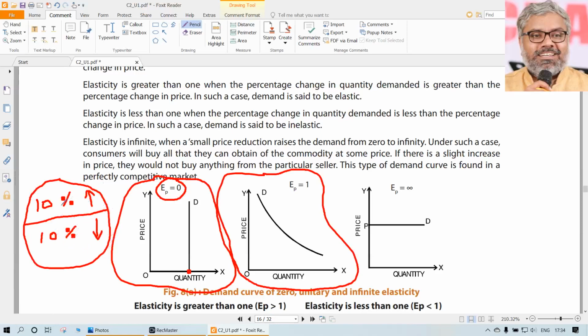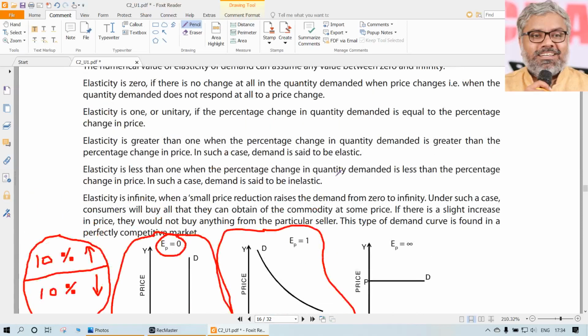So these two have the same percentage change. If that happens, then we can say that is unitary elastic. In that case, the elasticity of demand as a number will be equal to 1. So we can call that unitary elasticity.